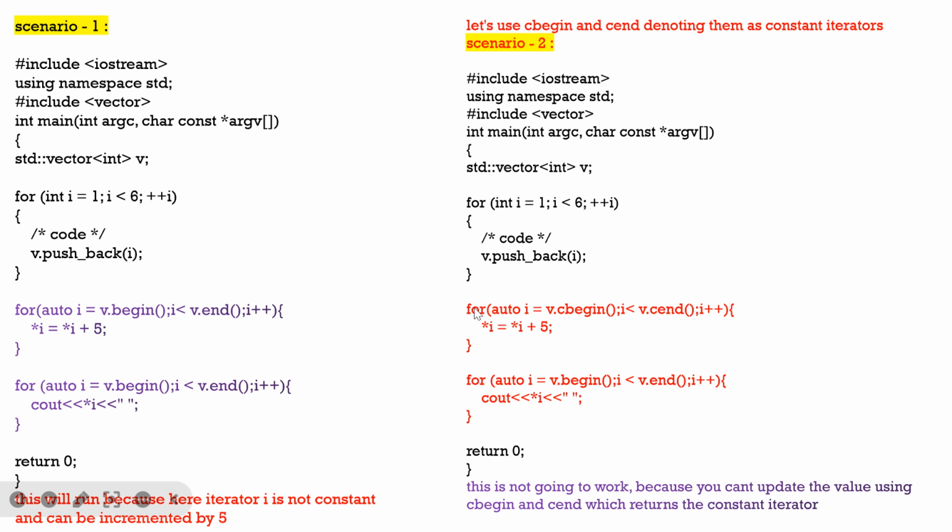So here we cannot modify the value. If you try to modify the elements by adding 5 to each element, this contradicts the promise of constant iterators and will result in a compiler error.